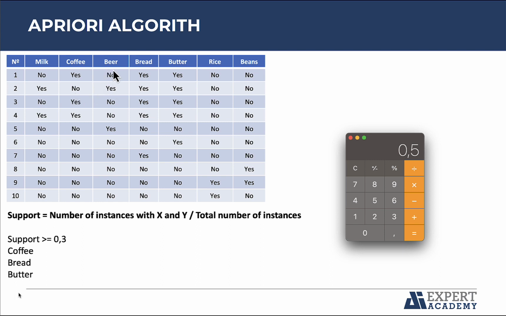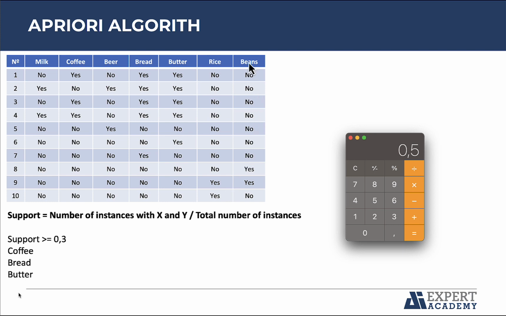Regarding beer, it was bought only twice, so the support is only 20%. Regarding butter, 1, 2, 3, 4, 5 times. The support is greater than 0.3, so it is going to be selected. Regarding rice, it was bought only twice. The support is 20%.